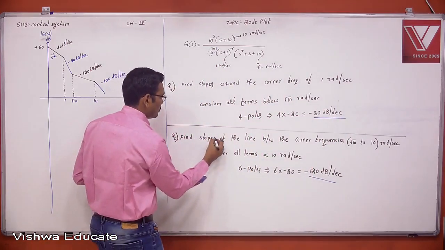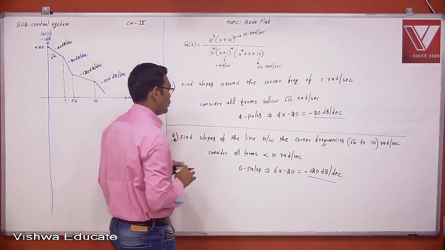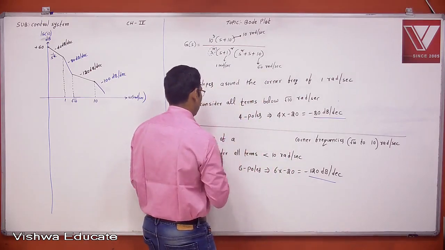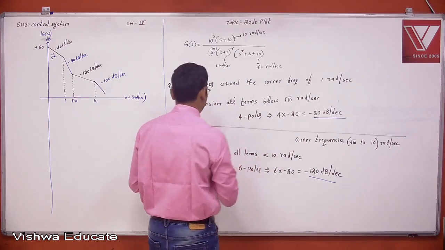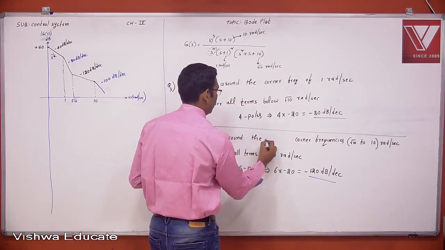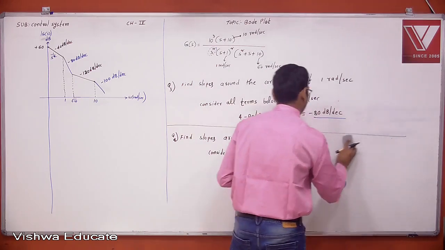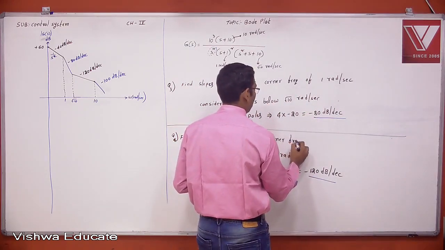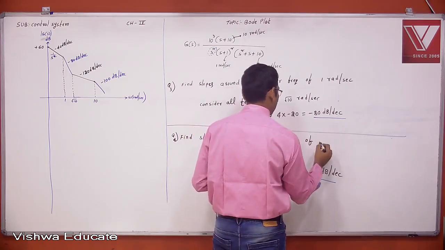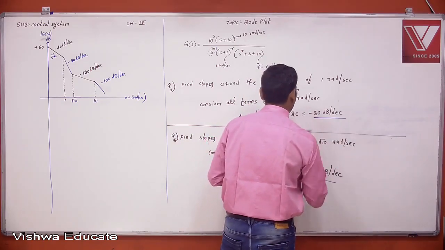Find slopes around the corner frequency of root 10 radians per second. Now this is one question.